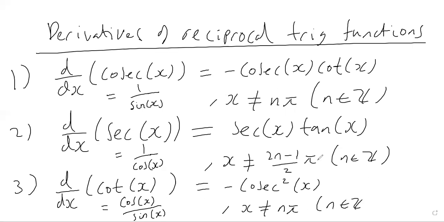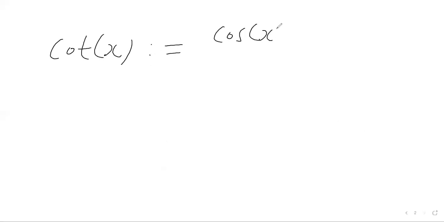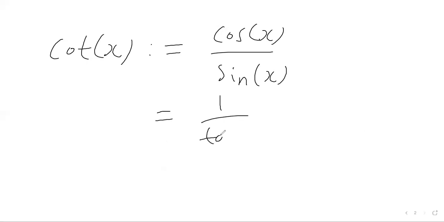So yep, those are the results that we proved. Just one point about this cot function that I probably didn't make when we actually did this derivative. Cot of x is actually defined as cos of x divided by sine of x. So it's not defined as 1 over tan of x, although it is indeed equal to 1 over tan of x, but only at certain points.